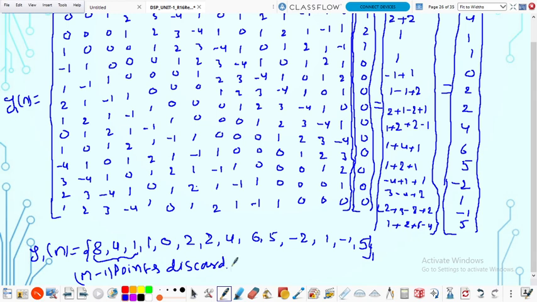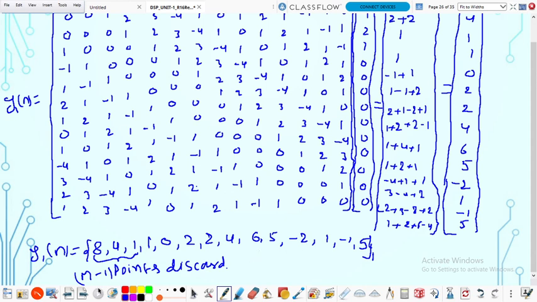According to the procedure of the overlap save method, in each output sequence discard the first M minus 1 data points. This is the first output sequence y1 of n. In this output sequence we remove the first M minus 1 data points, given that capital M is equal to 4, so removing the first 3 data points.